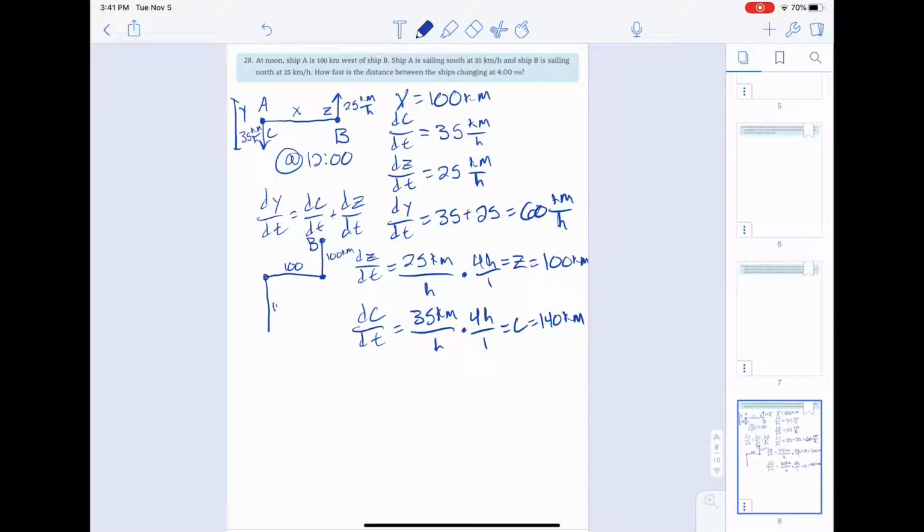So we got that right here. So since Y is equal to C plus Z, which is equal to 100 plus 140, Y is equal to 240. Or let me just go ahead and write 240 there.